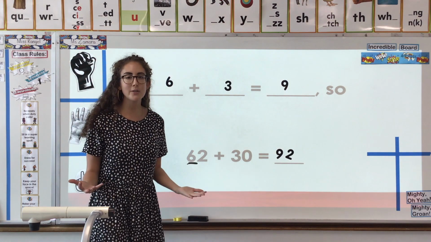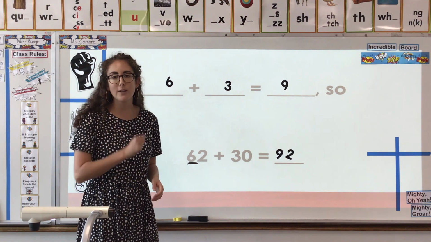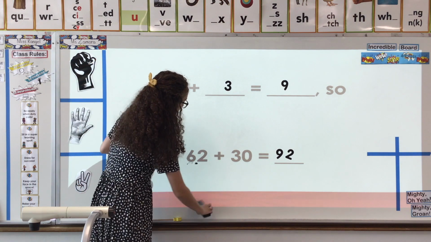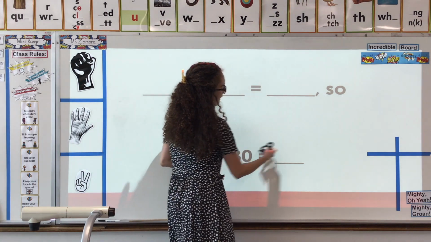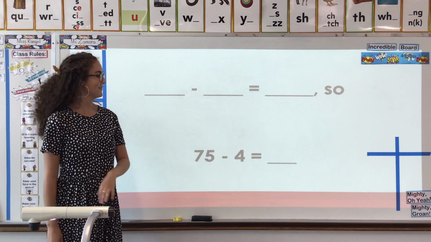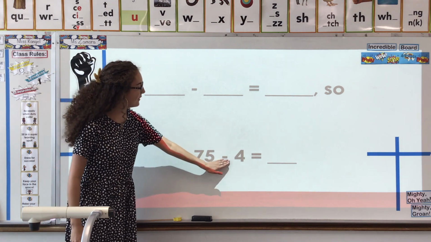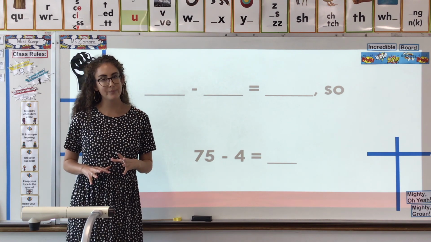I love this little trick because we can break apart bigger problems and solve them so much quicker. Okay, let's try some more. Okay, what about this one? 75 minus 4. We're doing subtraction now.